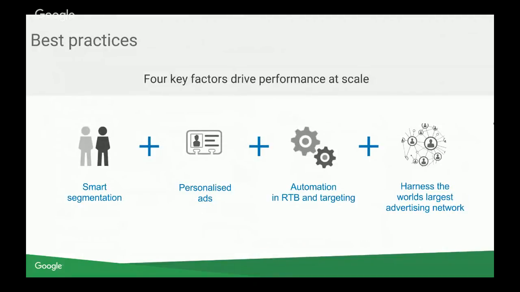So yeah, for the very end, we still have a couple of minutes left. We would just like to share with you some best practices and mention some key factors that can drive performance at scale. A very important factor in dynamic remarketing, as we already mentioned, is smart segmentation.